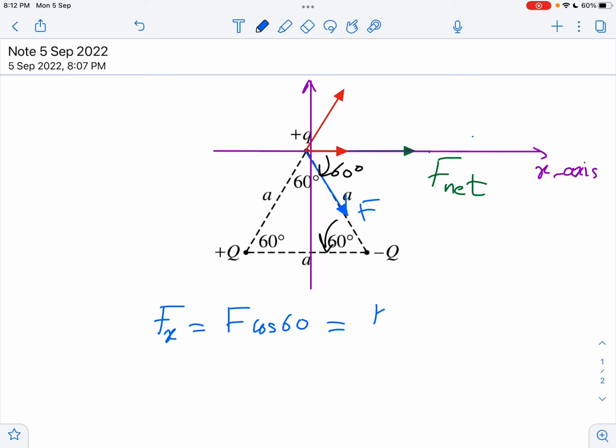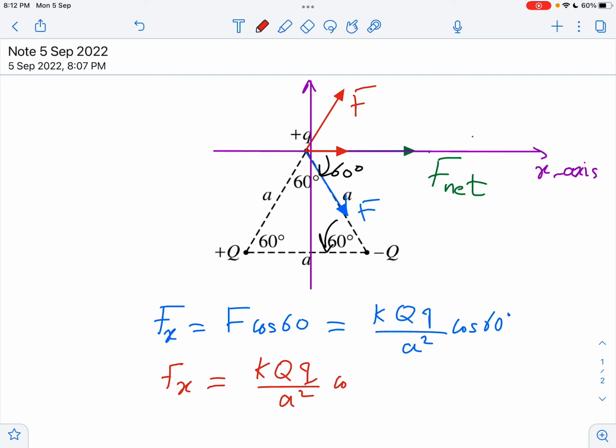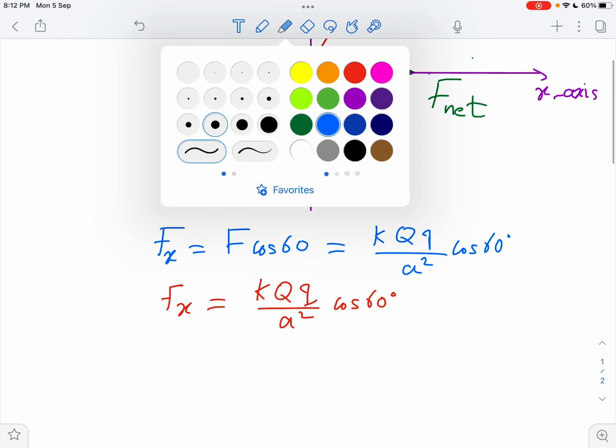F is simply k, capital Q, small q, over the distance squared, a squared, times cosine 60. Fx of the red force, the x component of the red force, also has the same value, which is kQq over a squared, times cosine 60.